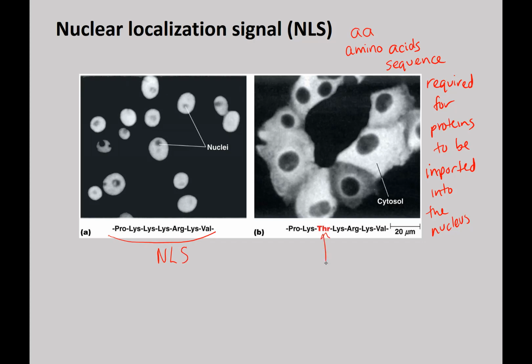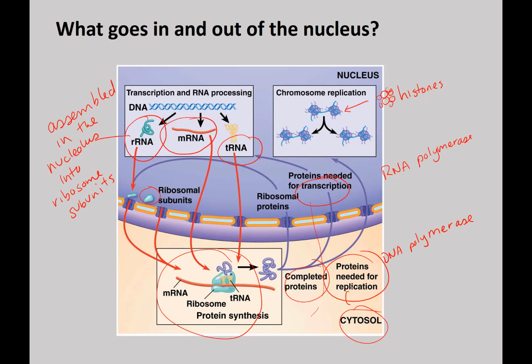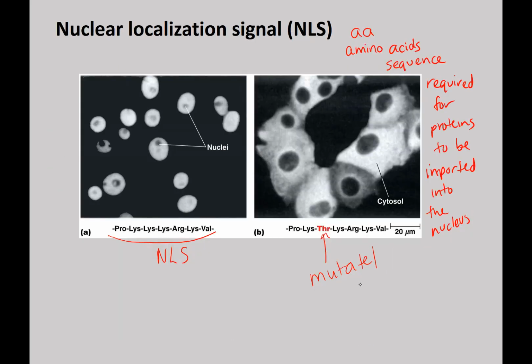And when you mutate it, or change that sequence, you can lose the function. So now it no longer functions as a nuclear localization signal, and now the protein is outside in the cytosol, not in the nucleus.